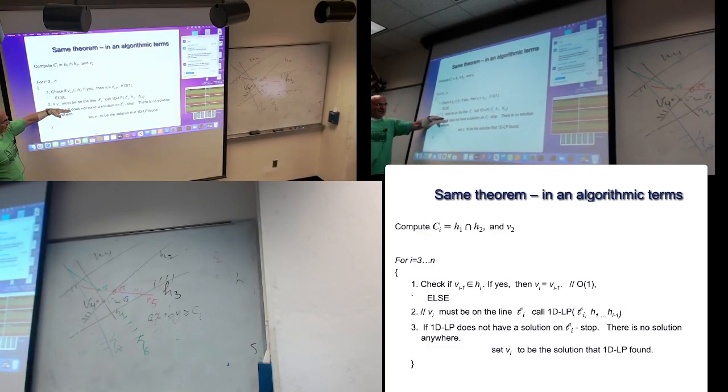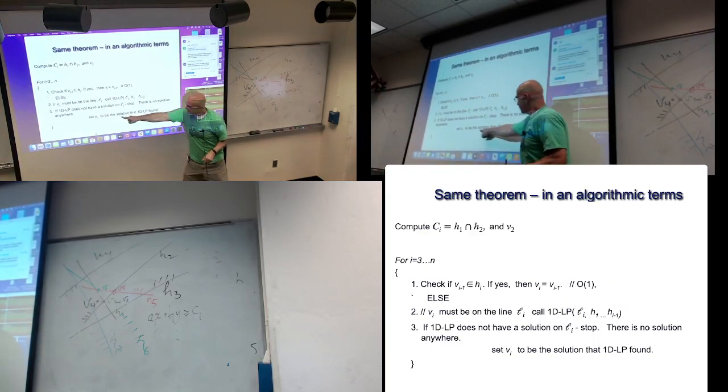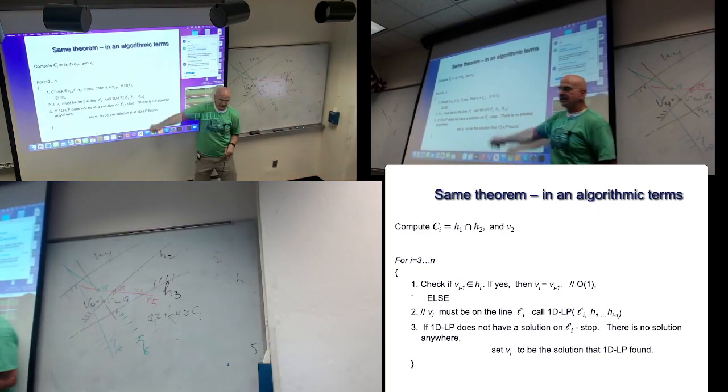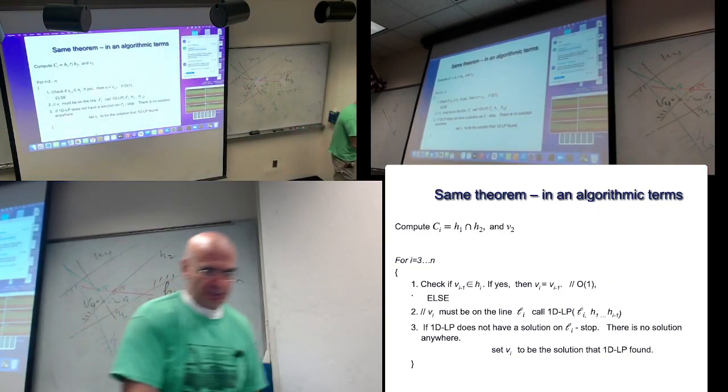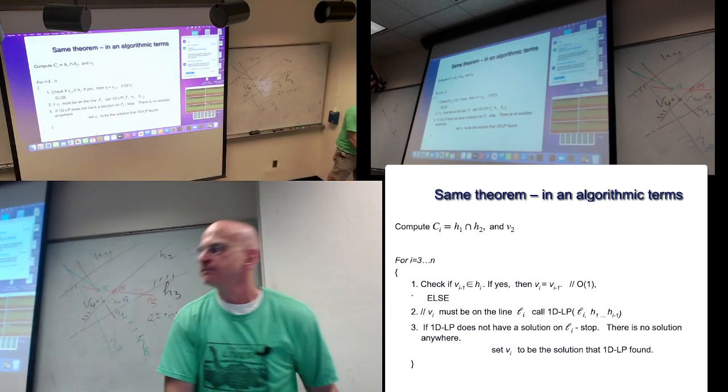If the one-dimensional linear program does not find a solution on Li, then there is no solution at all, and we stop. No point in adding other half planes. Otherwise, set Vi to be the solution that you got from the 1D linear programming. And this is our algorithm. What is the running time?